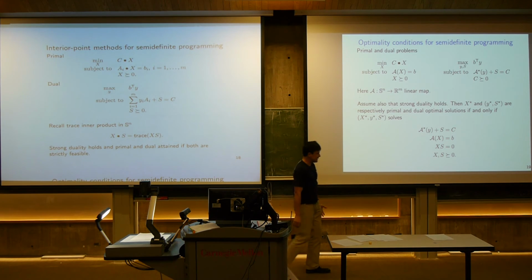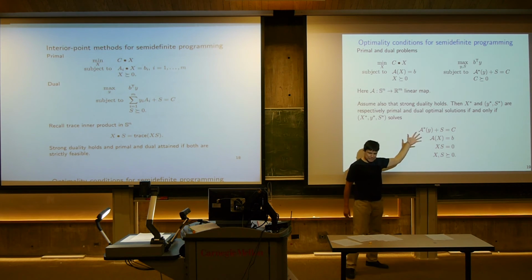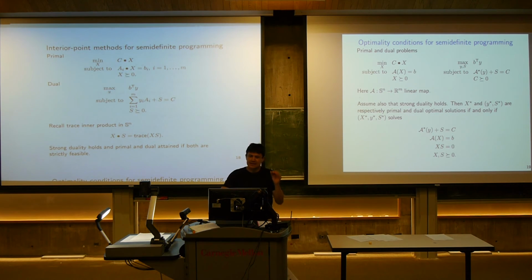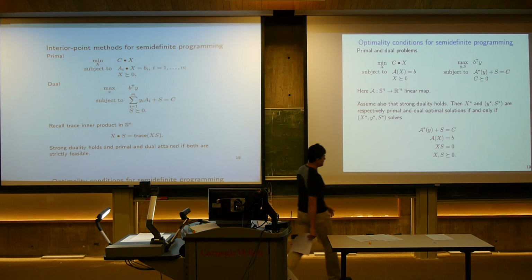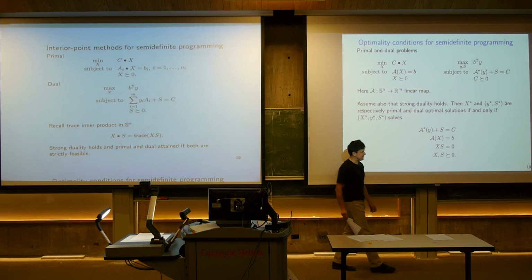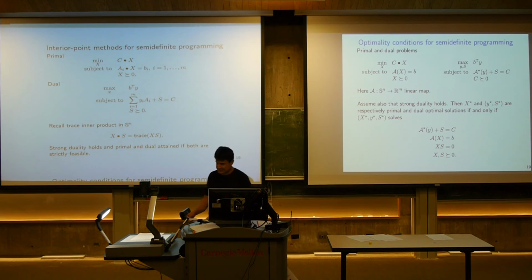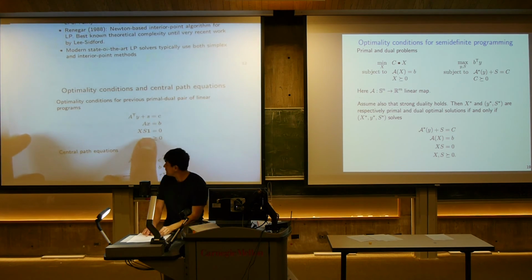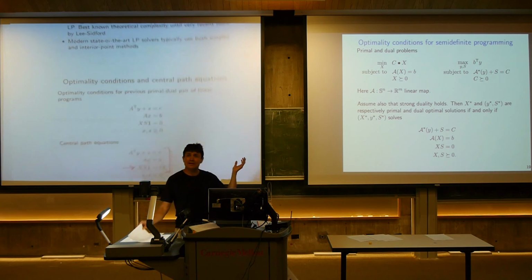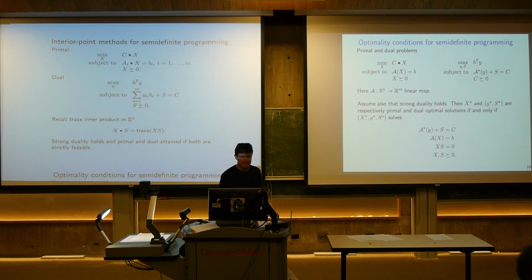And then we have something that looks almost identical to the optimality conditions for linear programming. That is, we have a solution to the primal and dual semi-definite programs if and only if we have primal and dual feasibility and complementarity. So compare that to this. That looks very similar to this, except that now we are talking about semi-definite.